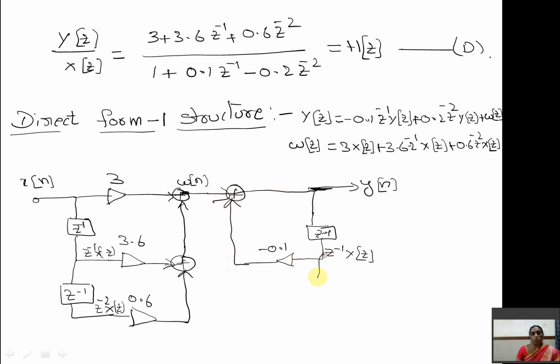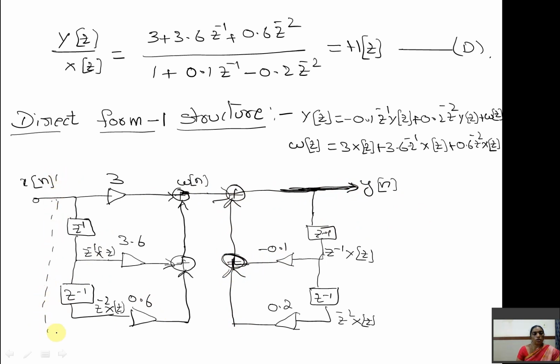Then one more term is there, so take another delay unit. Here is z power minus 2 y of z, which is multiplied by 0.2, then use another adder, which is added to this one. In this way you can get y of n. So here the structure consists of two blocks.